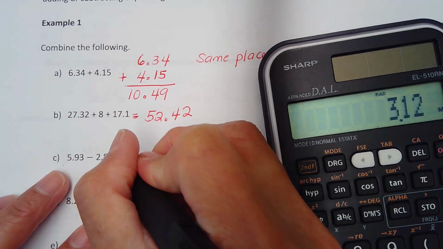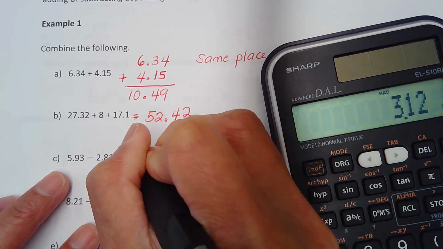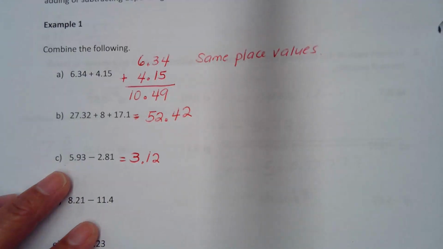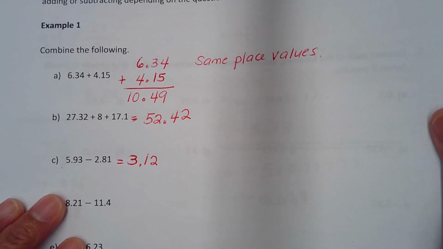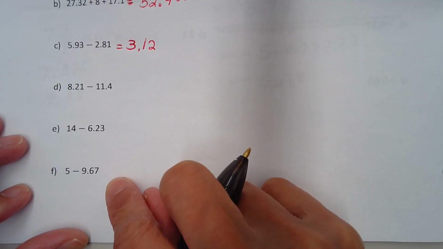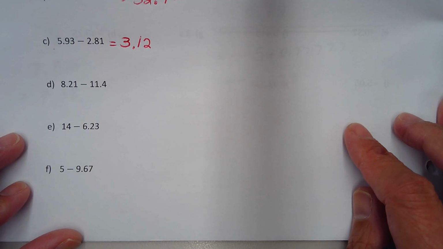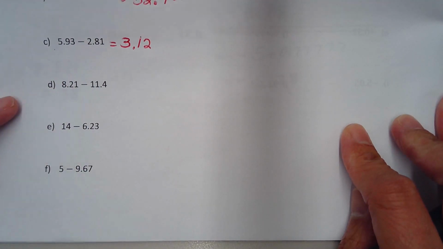Okay, so the answer is 3.12. Is everybody okay with that? Okay, why don't you go ahead and calculate D, E, and F, and then we'll compare our answers.